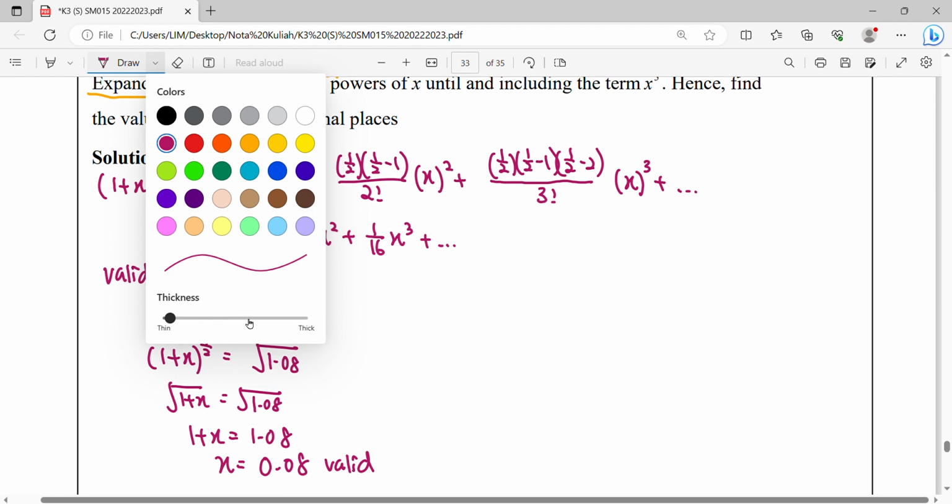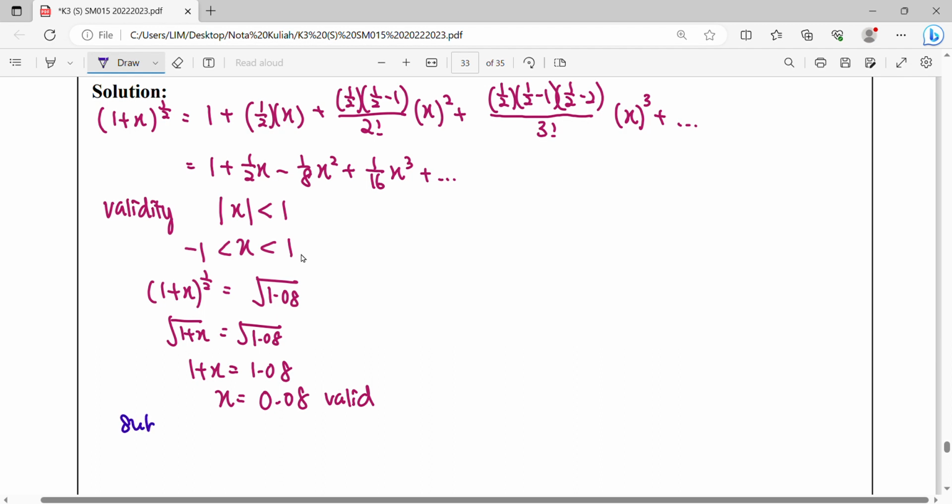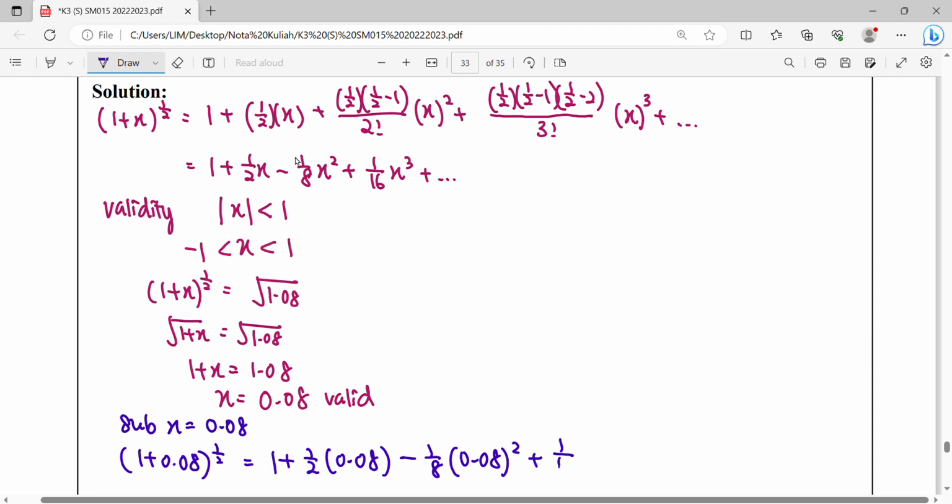So with the valid x value, now we are going to substitute this x value into our expansion, left hand side and right hand side. Once we substitute, the left hand side will be (1 + 0.08)^(1/2).